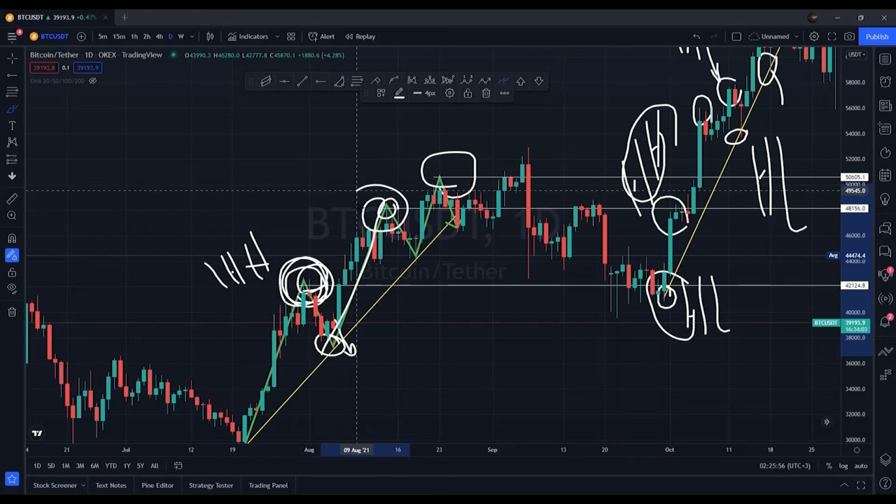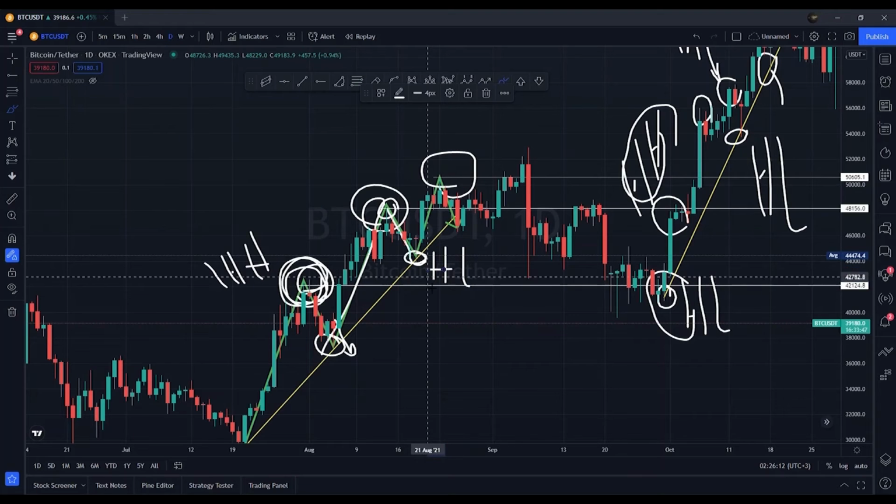After that we know that the price must touch or retest the trend line again and form another higher low. As we said before, if the trend line could hold the price, we are going to see another higher high.